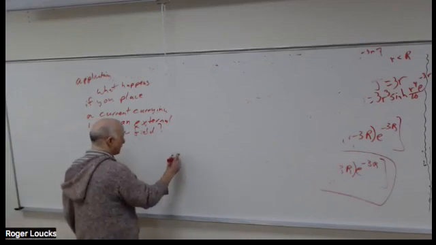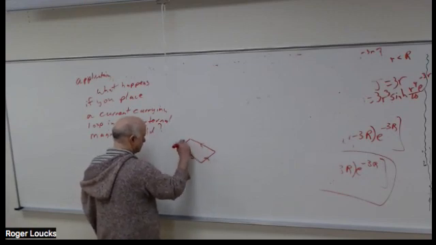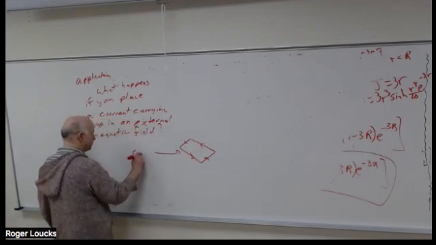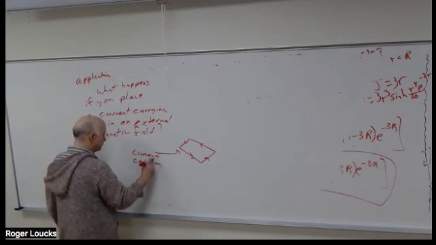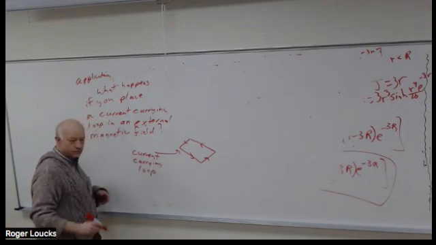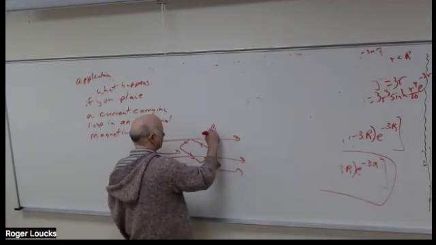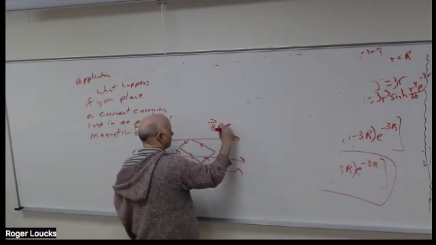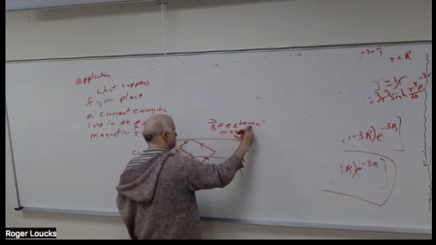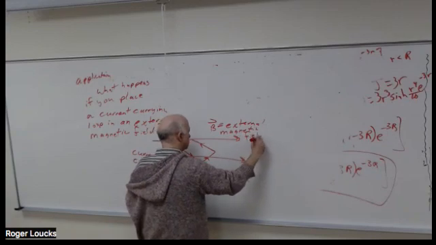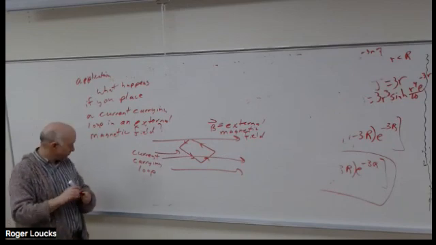Let's say I have a loop like this. So here's a current. I'm going to put it in a magnetic field like this. The question is what's going to happen. I'm going to give you the answer, then I'm going to prove it to you.